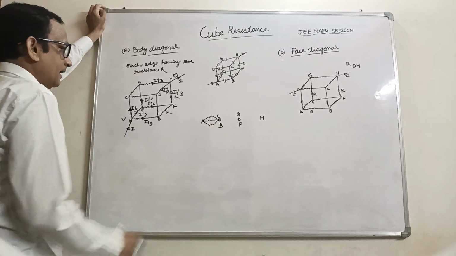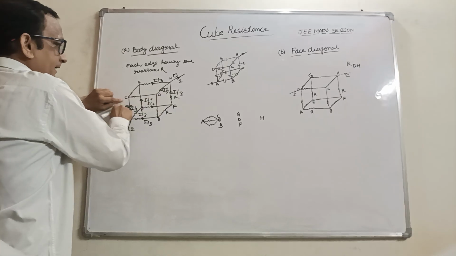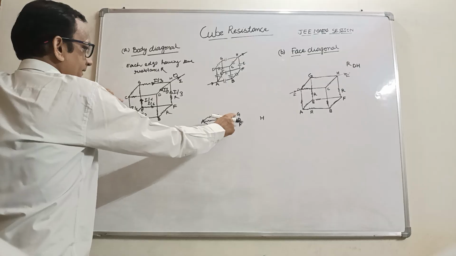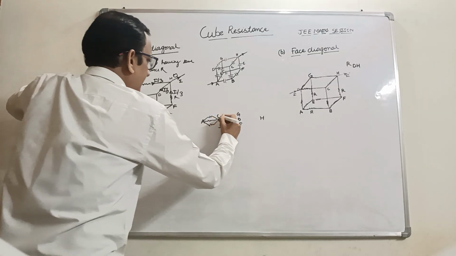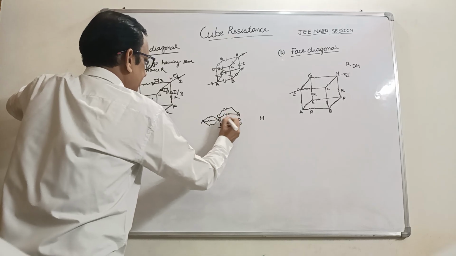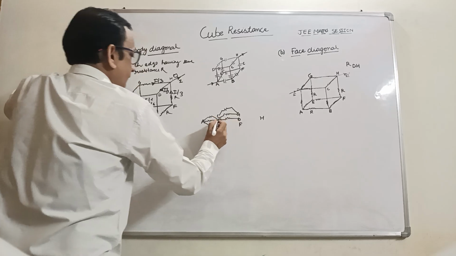Point C is connected with D and also G, so each point is connected with corresponding 2 points. Here we draw 6 resistors.